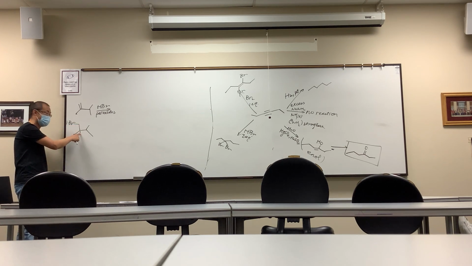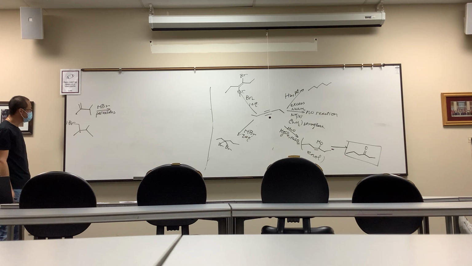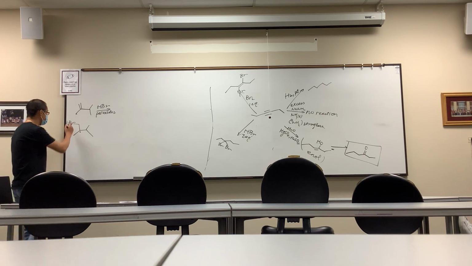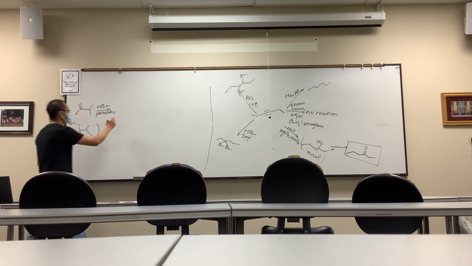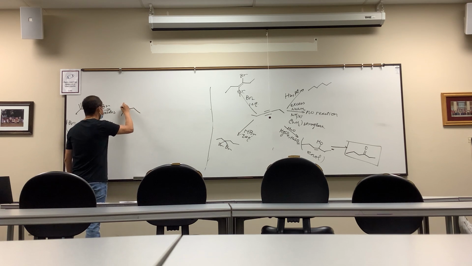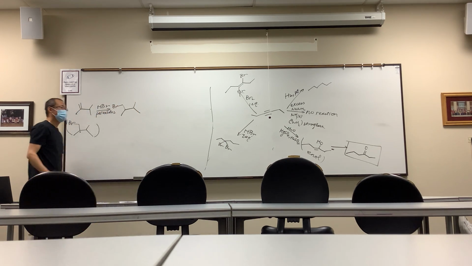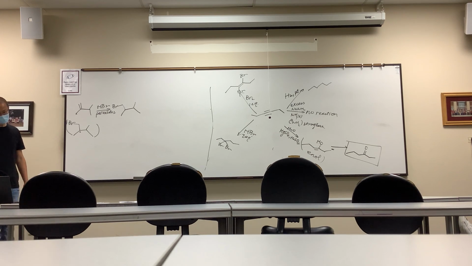Why? Because you get a more substituted radical. That is why this is the intermediate, and that is why the reaction follows non-Markovnikov rule. Does it make sense, guys? Radical here.